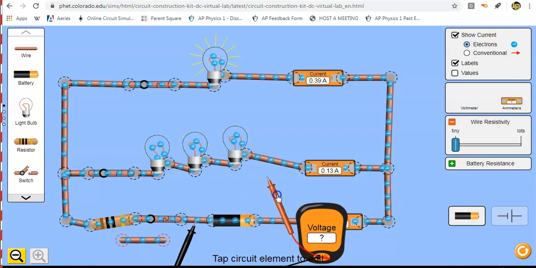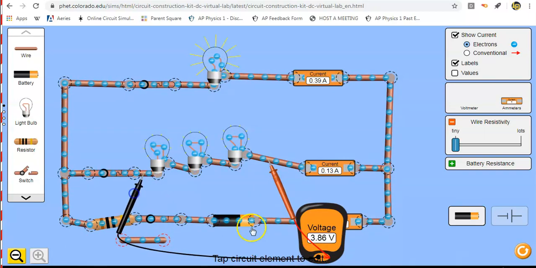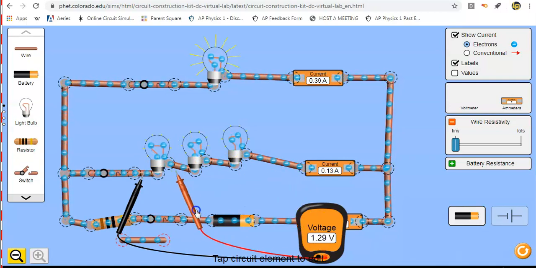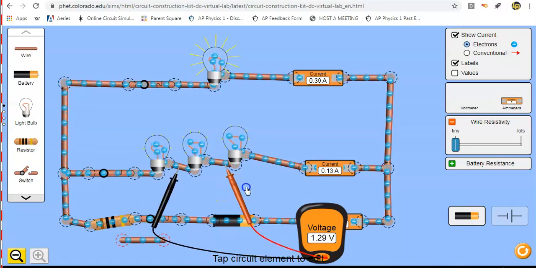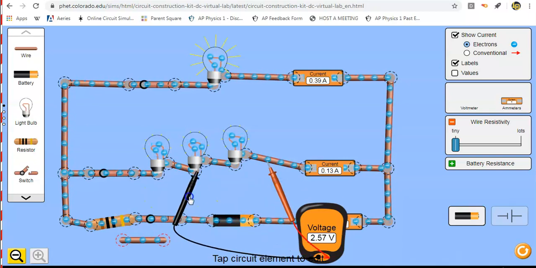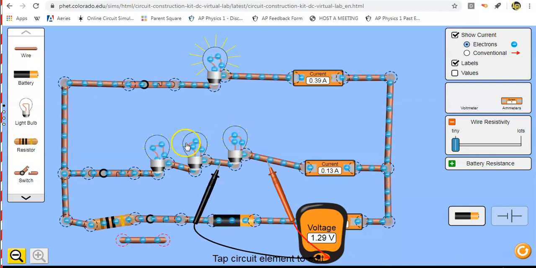So 5.14. So what is across all of these? It's 3.86, the rest of 9 volts. And these guys will each share this 3.86. So 3.86 divided by 3 is 1 point something. So we'll see 1.29, 1.29, and 1.29. That's only true because these three have the same resistance.